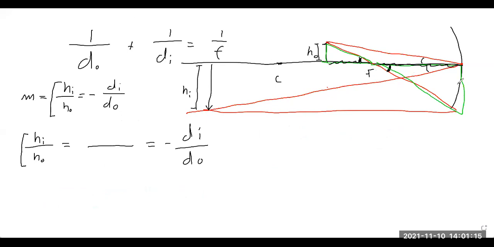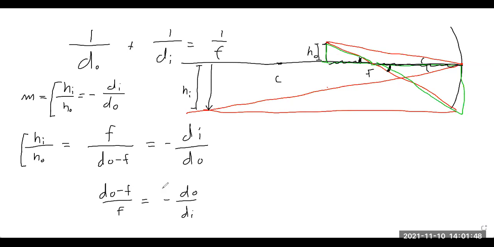The image side is F, and the object side is DO minus F. So if I flip it over, sorry that I flipped it around the first time.